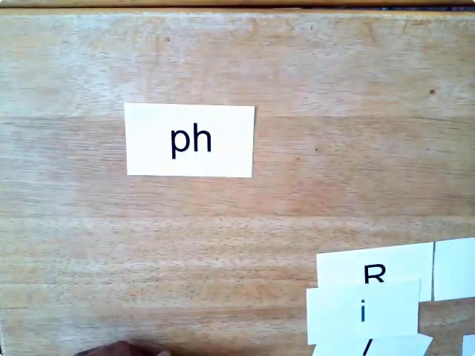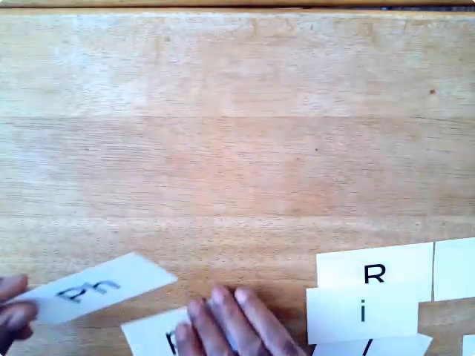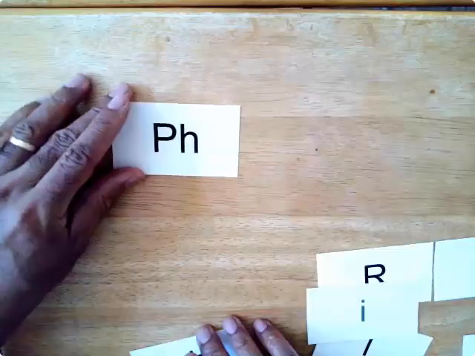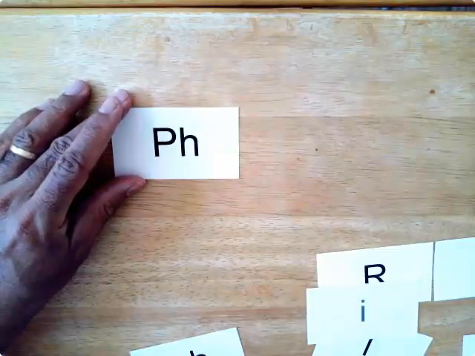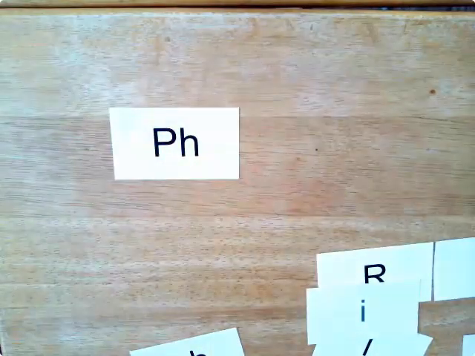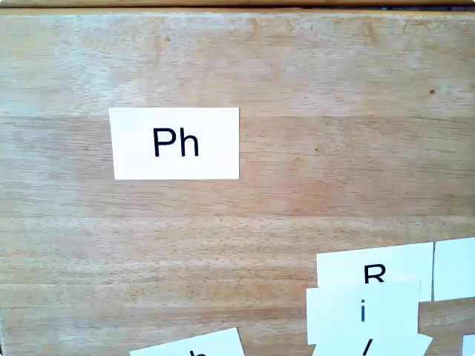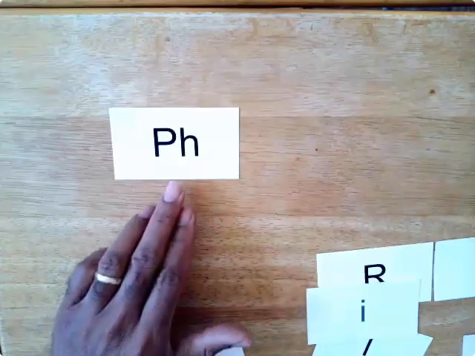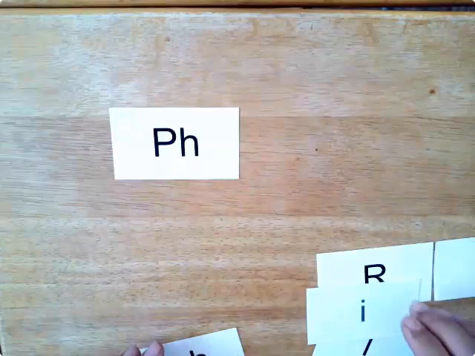What I'd like to do now is take away this sound and replace it with the capital version of this, so do that with me. Okay, because we're going to make the name Phil. Now, what sounds do you think we will need to create the word Phil? We have ill.